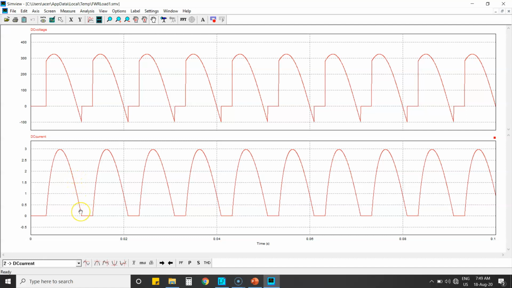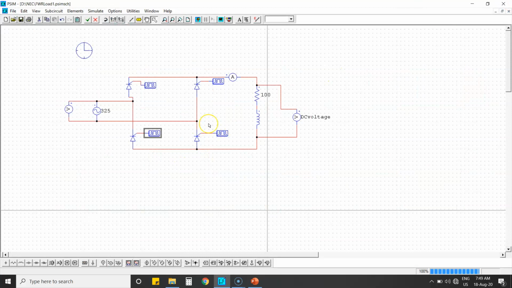It is still getting some positive current, so that your SCR is just conducting. Similarly, try for RLE load. Just connect a battery here with a supply voltage less than 325. So this will be for the single phase full control converter.